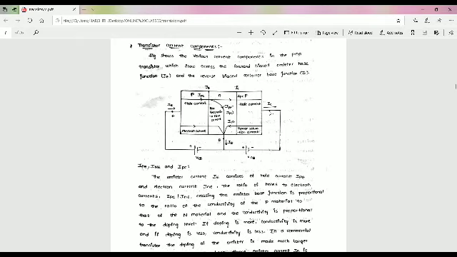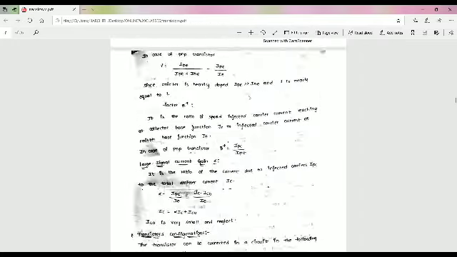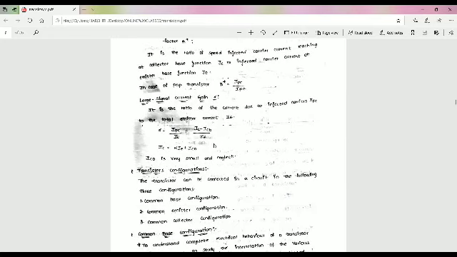So alpha equals IPC by IE, where IPC equals IC minus IC naught, as we know. So IC equals alpha IE plus IC naught. IC naught is very small and can be neglected.